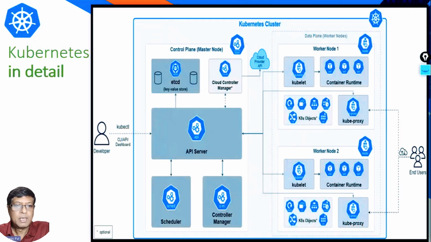Now, let us see Kubernetes in a bit of detail. I will not be going into that much detail, but please remember this is the entire cluster. So I say this is a cluster of the master, or the control node, the control plane, as well as the worker nodes on which the jobs, the pods and the applications are deployed.